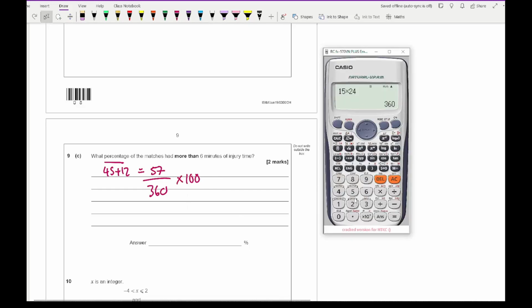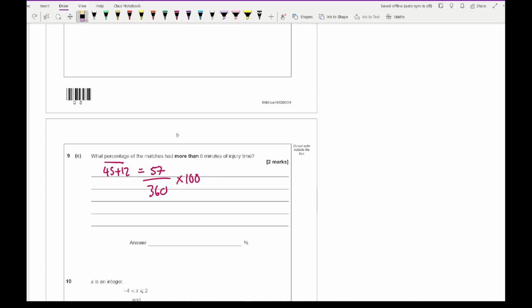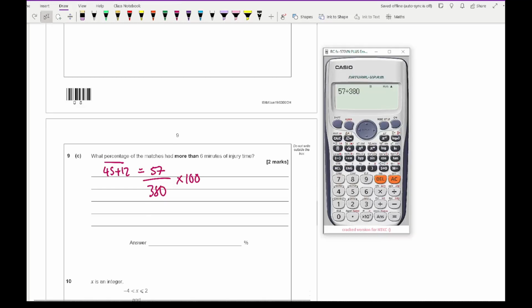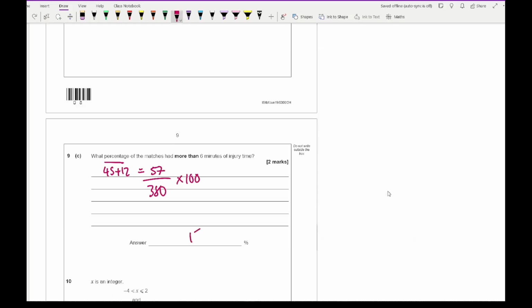So on the calculator, 57 divided by 380, and I've put 360, so let me just get rid of that. Multiply that by 100, and we get an answer of 15%.